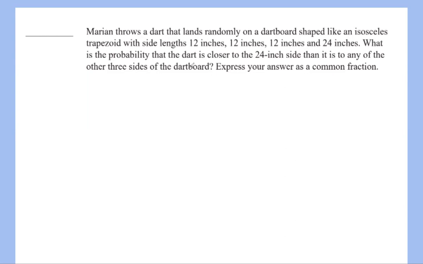Okay, so let's see the figure. So we have an isosceles trapezoid. I'm going to make it a bit bigger. So let's say this is the smaller base, and then this is a side, and this is another side.